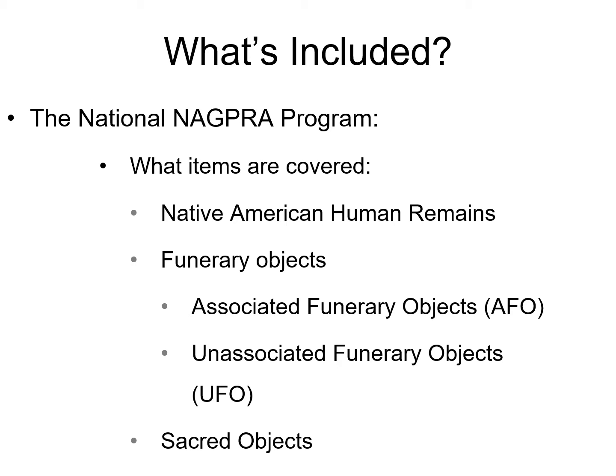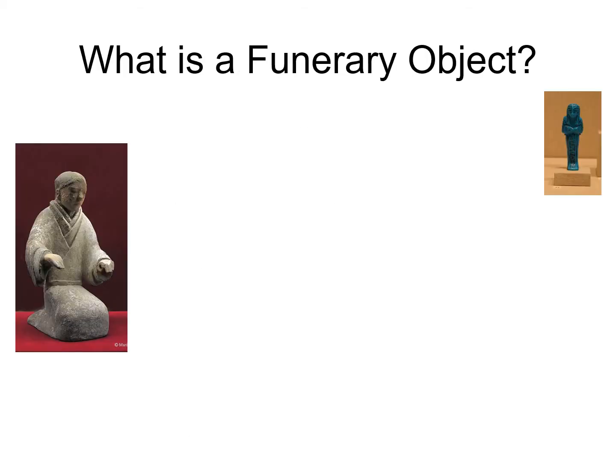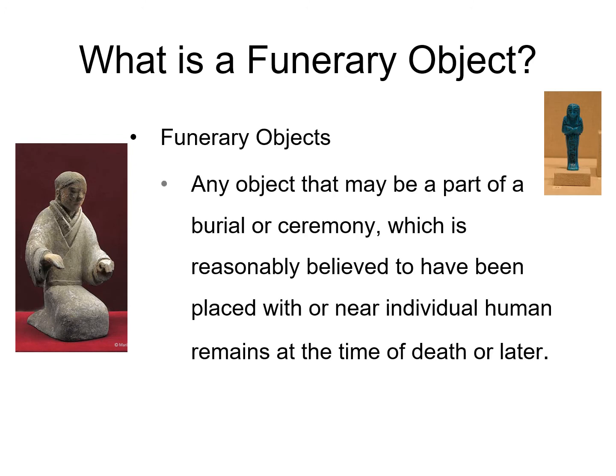We have unassociated funerary objects, which are objects that we know were used for funeral purposes or burial rites, yet were not found in direct association with the body. And there are also sacred objects. Any object that could be considered integral to their worldview as well as their religion would also be covered under NAGPRA.